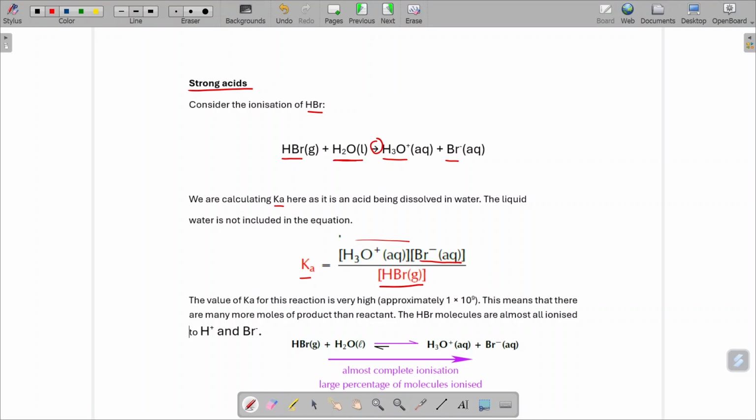We don't include the water because the state of the water is liquid, and therefore we don't include that in our calculation. So when we calculate this under experimental conditions, we find that this is a very, very high number, 1 times 10 to the 9. That's 1,000 million, which is a very, very large number.